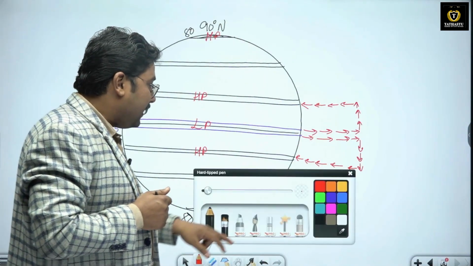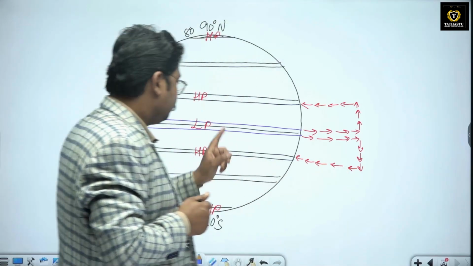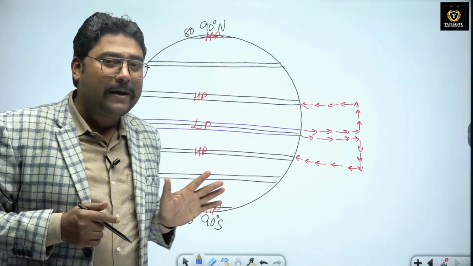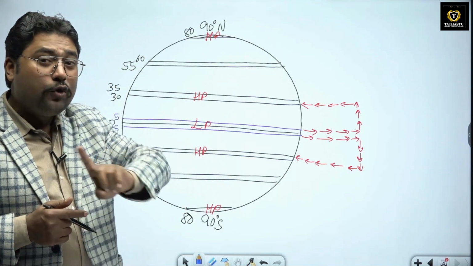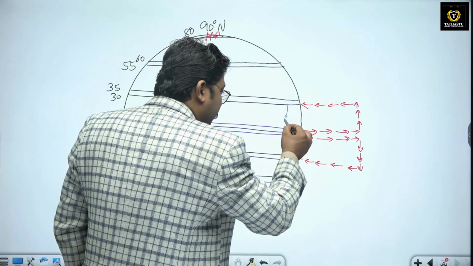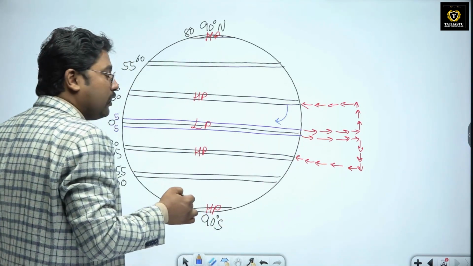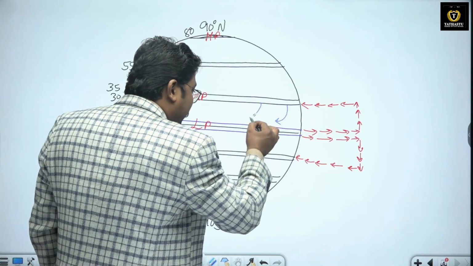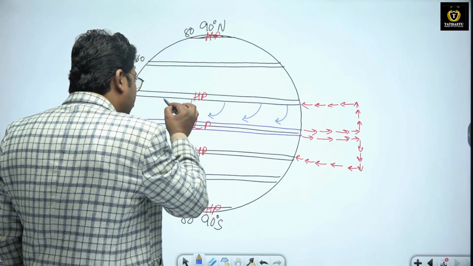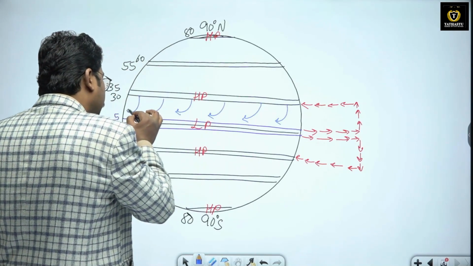Now when this wind will move, we know that Coriolis force will be applied, and due to application of Coriolis force, the wind which is moving in northern hemisphere towards equator will be deflected towards right of their original path and they will become like this.